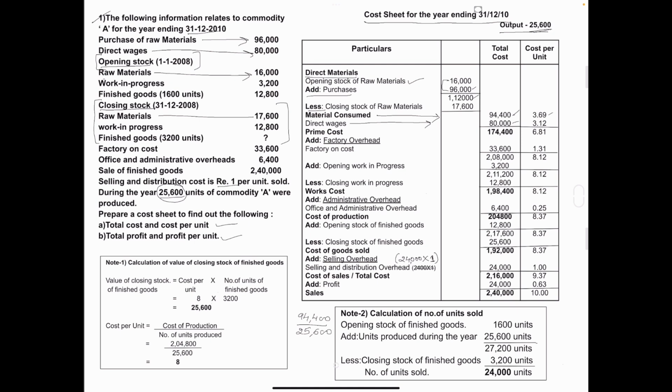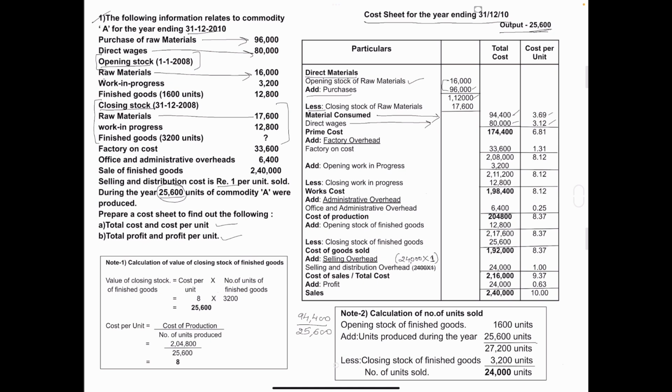Total cost amount of these direct wages is 80,000. Now we have to get cost per unit, no? So 80,000 divided by 25,600. You will get 3.12. So for every item, every amount you have to divide it by 25,600 to get the cost per unit amount.